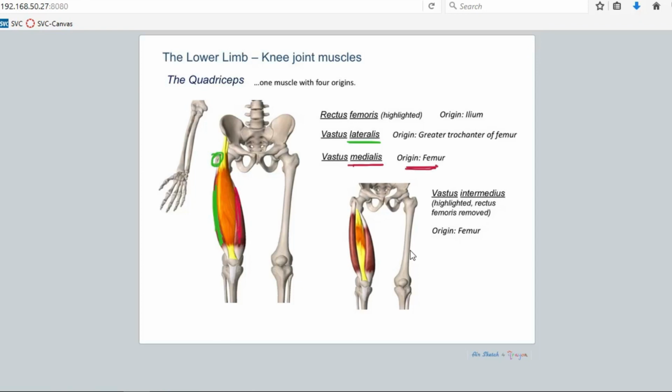Again, the origin's on the femur. And then deep to this, and what I did here is I removed the rectus femoris so you can see underneath the vastus intermedius. And again, the origin's up here on the femur. So we have the quadriceps, 4 different muscles here, or 4 different heads of muscles that are all part of the quadriceps. And their origins are either up here on the ilium or on the femur.